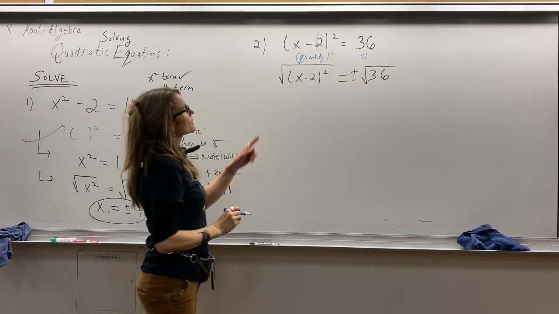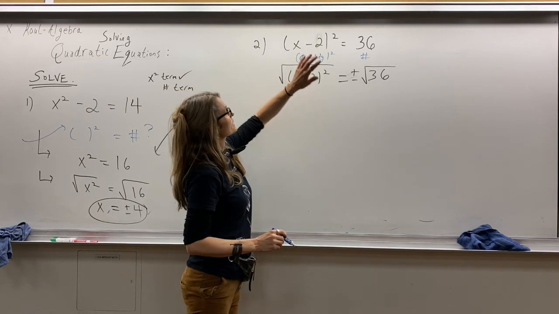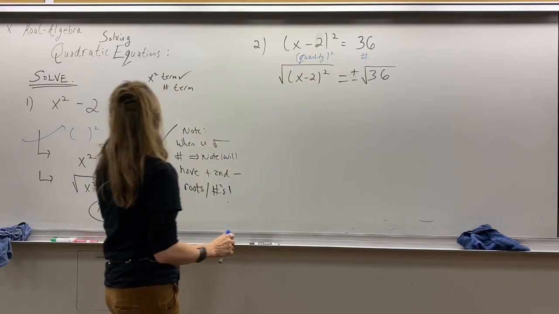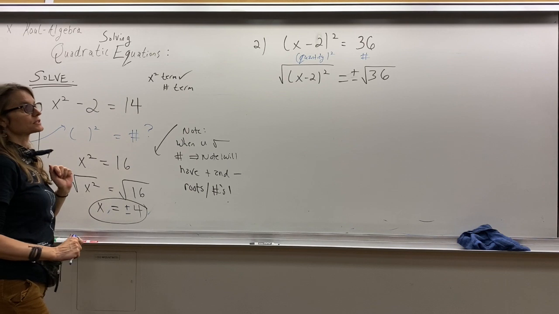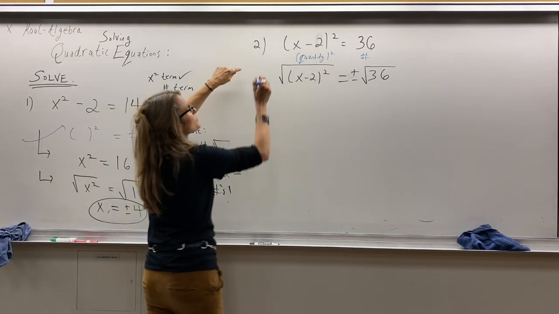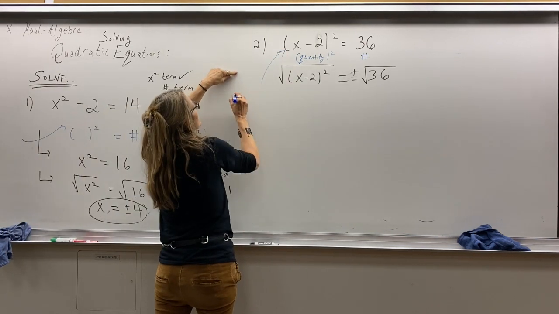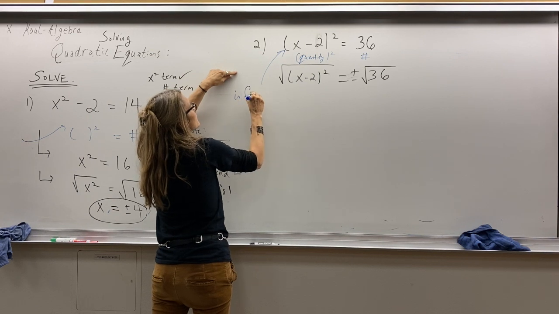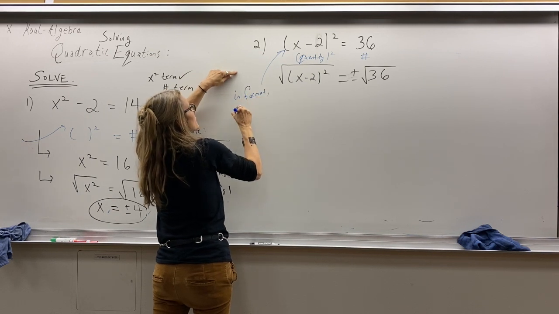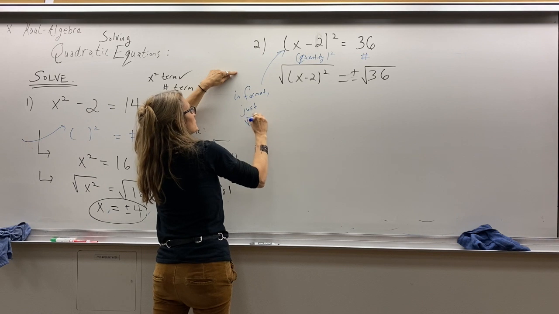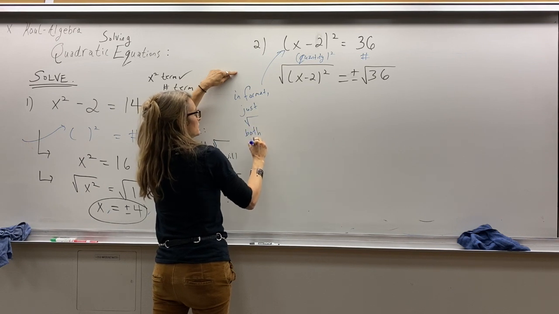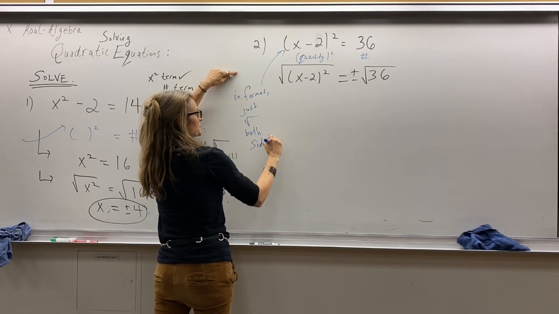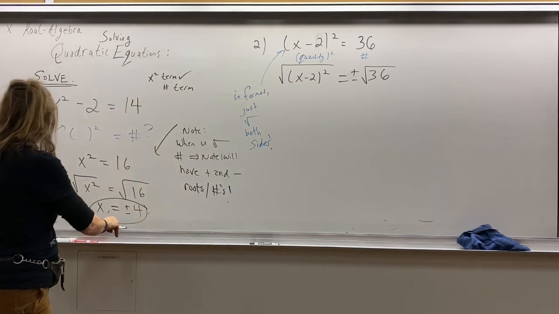So I just want to go ahead and take the square root of both sides. I could do that directly because I have no other terms that I'm adding or subtracting to both sides. So this is in the square root property format, and I can directly square root right away.